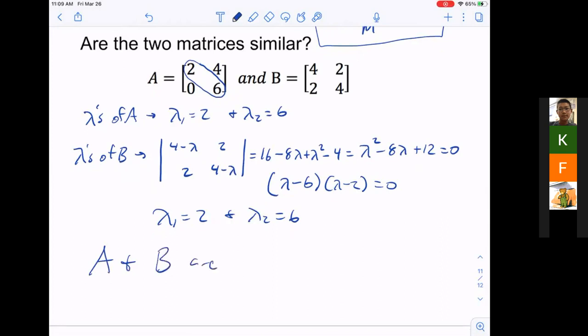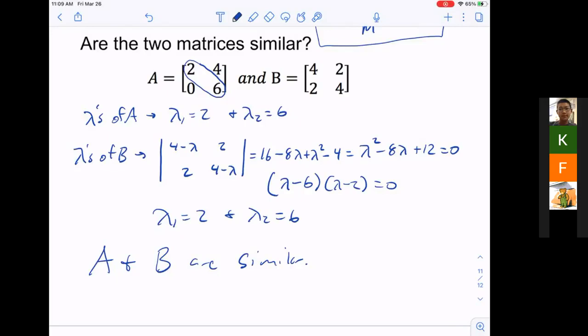So A and B are similar. Again, that means that M does exist. There is some M where B is just M inverse A M. A different M exists where A equals M inverse B M. But we don't necessarily need to find it.